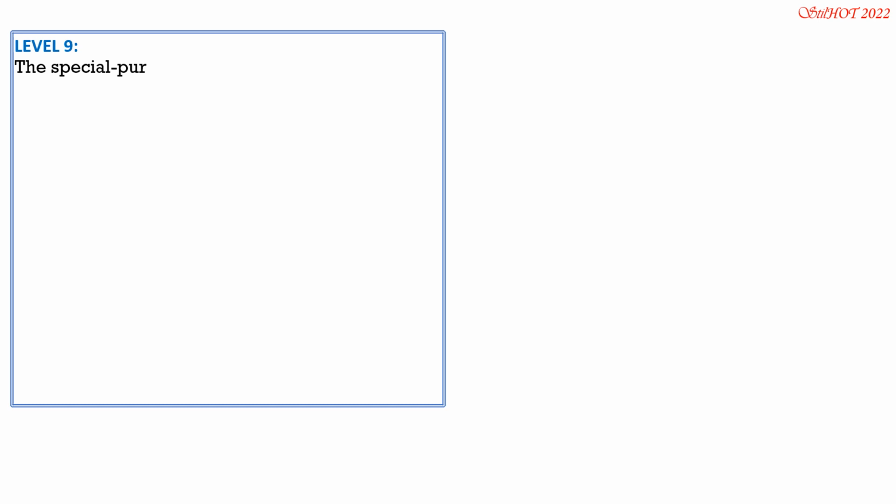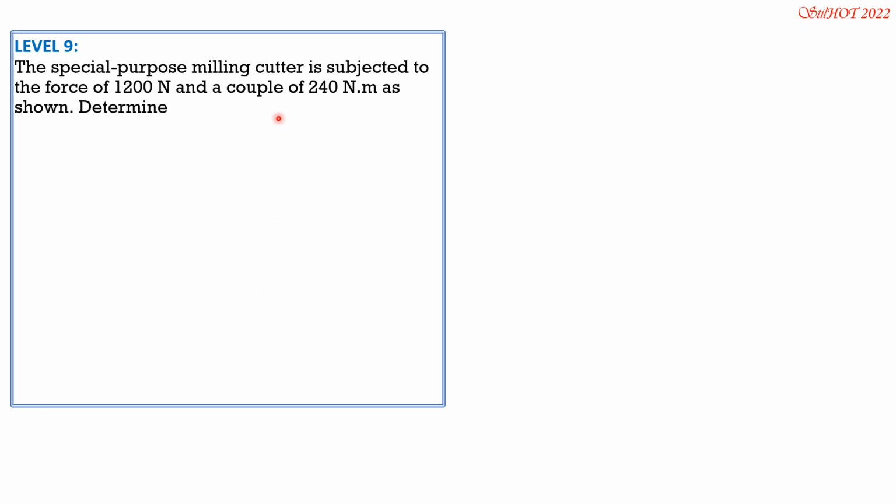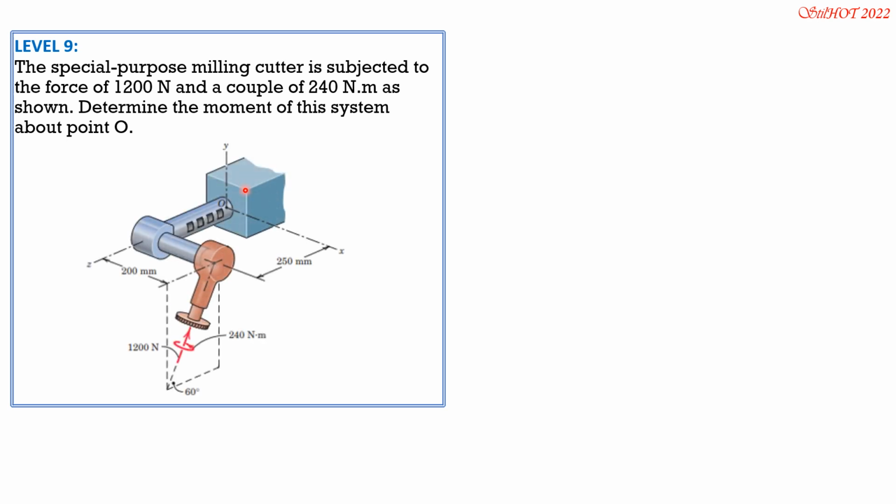Level 9, the special purpose milling cutter is subjected to a force of 1,200 newtons and a couple of 240 Newton meter as shown. Determine the moment of the system about O. So we have a wrench actually, we call this a wrench. So let's resolve the force into its components as well as this couple here.